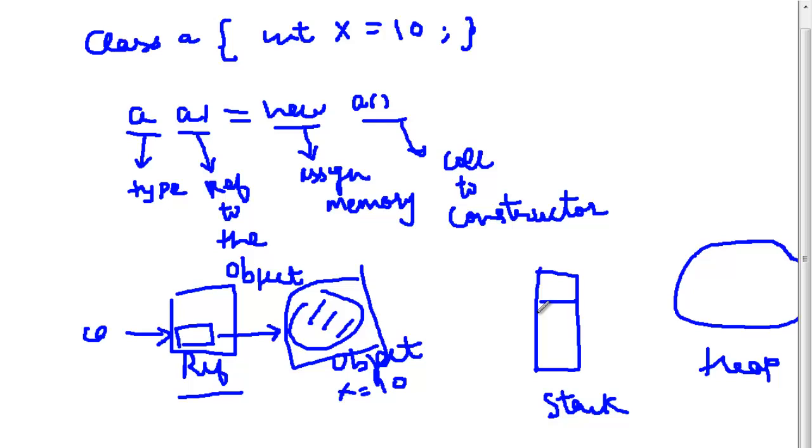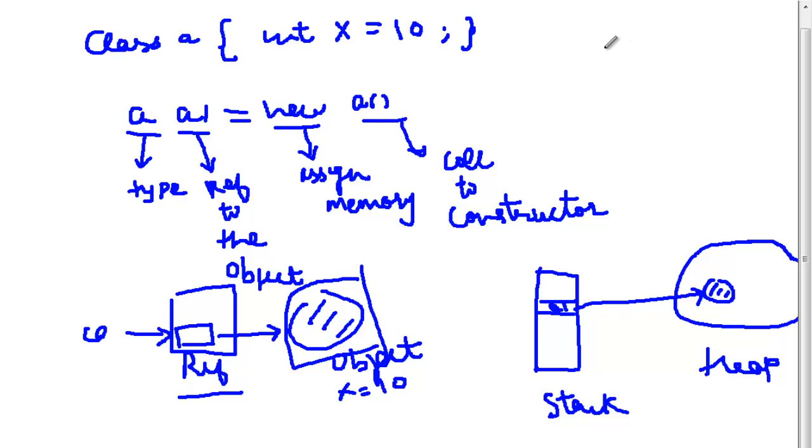As we write this line, we have an entry A1 which points to some data on the heap, which is associated when you write this line.